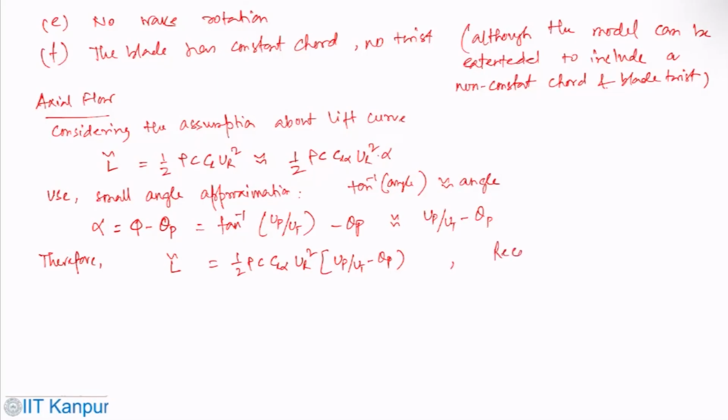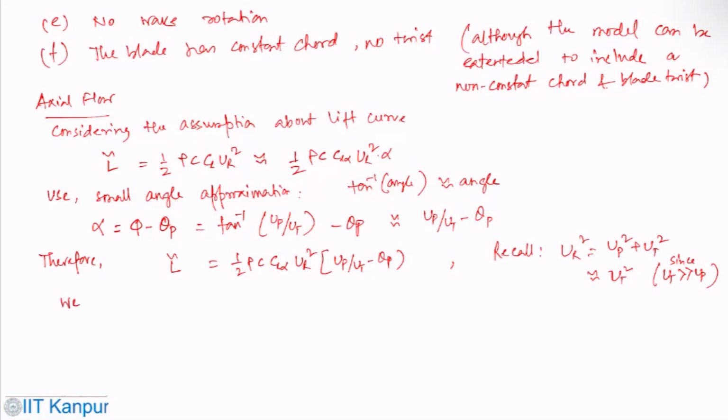Now, if you recall, UR square is UP square plus UT square, which is again UT square, because we use that approximation that UT is higher than UP. So this approximation allows us to use this.